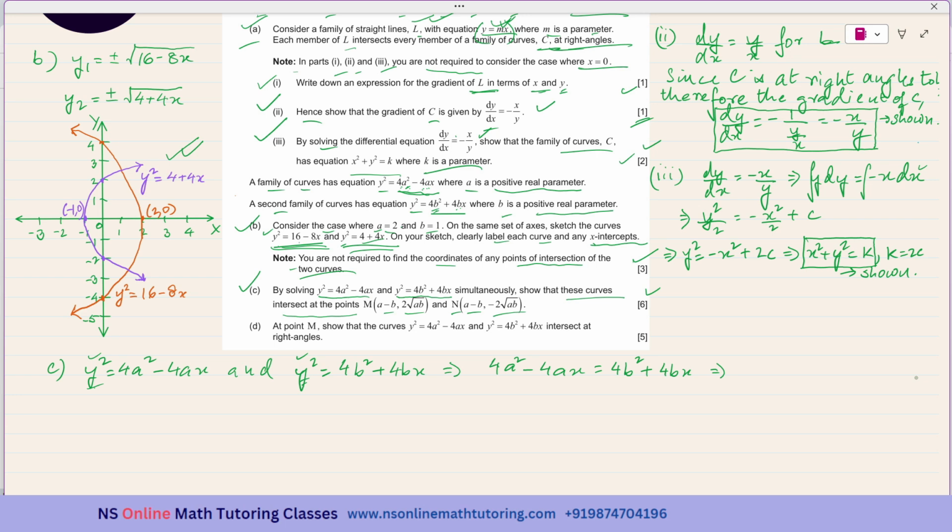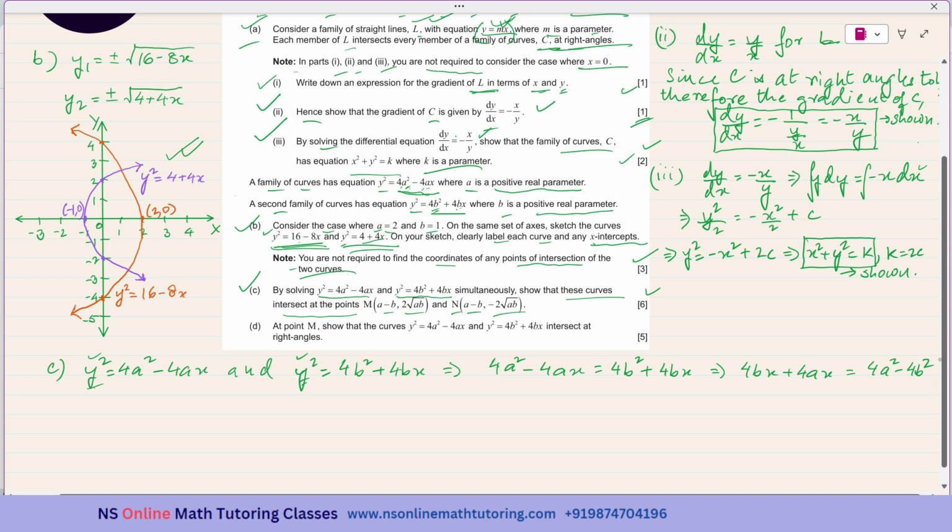So this is equal to 4bx plus 4ax. I am adding 4ax to both the sides and I am subtracting 4b square from both the sides. So addition of 4ax is giving me this, and subtraction of 4b square will be giving me 4a square minus 4b square. And I can divide the entire equation by 4. So I can take x common.